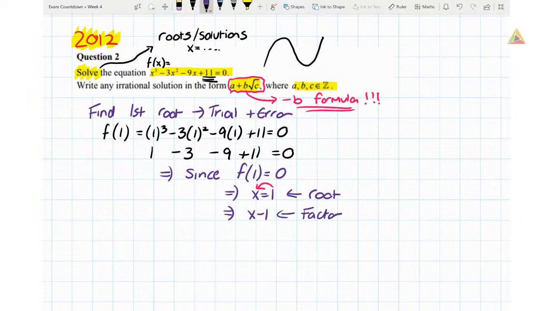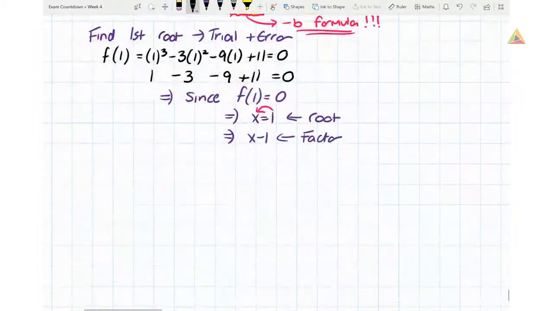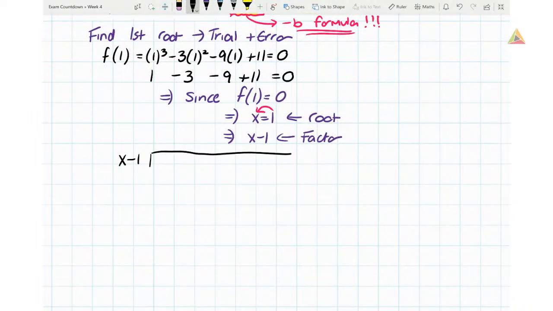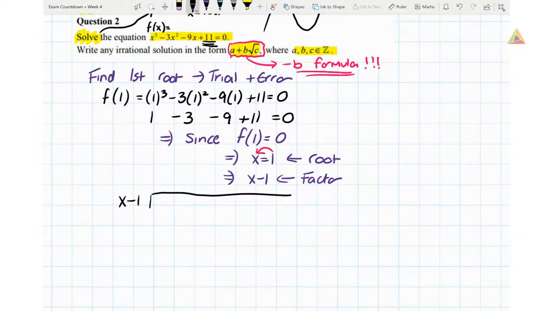What does it mean to be a factor? It means that when we divide it in, it will divide in with no remainder. So we're going to do our long division. We're dividing our x minus 1 into our cubic, x cubed minus 3x squared minus 9x plus 11.